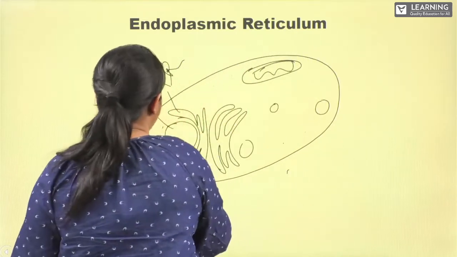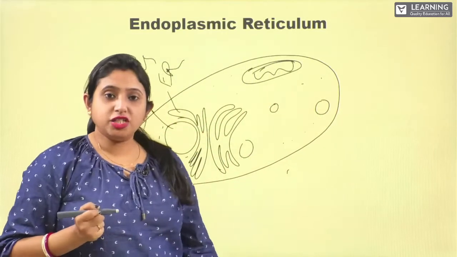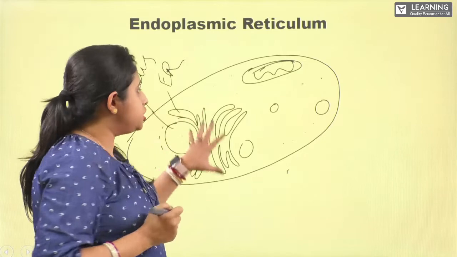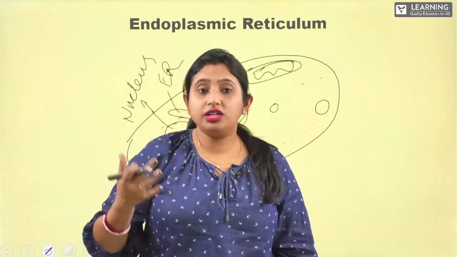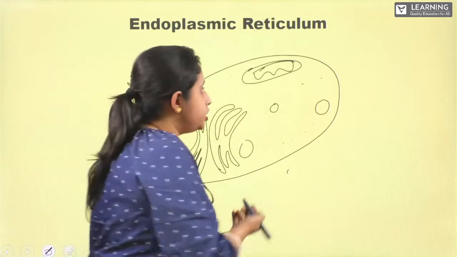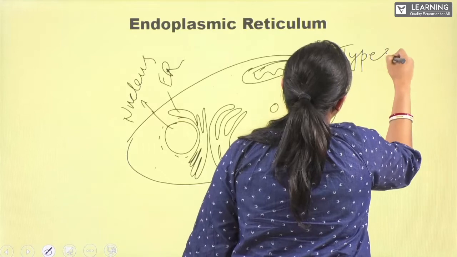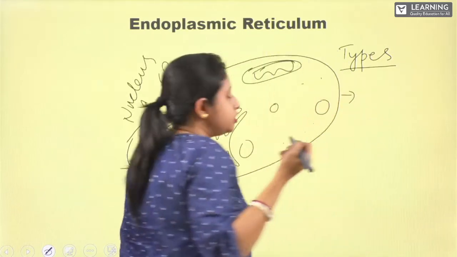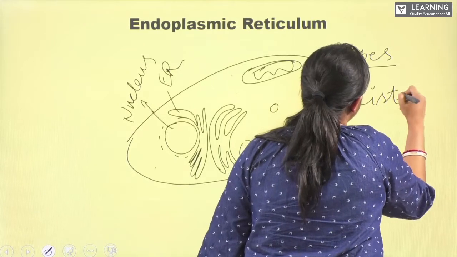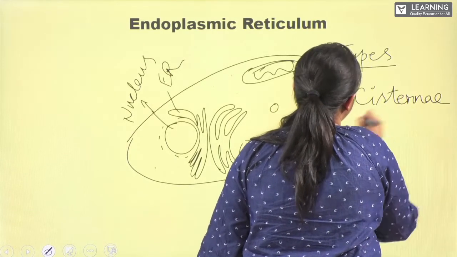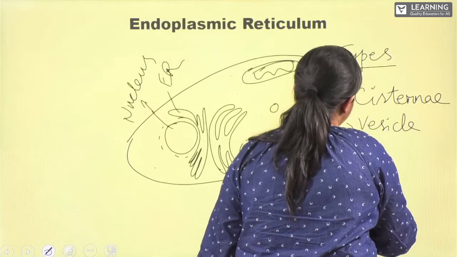The endoplasmic reticulum is a network surrounding the nucleus, and you will see different types of endoplasmic reticulum: the cisternae, then vesicle and the tubule.